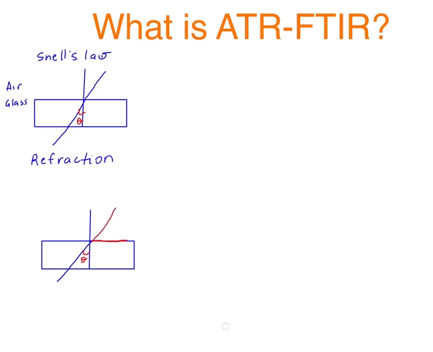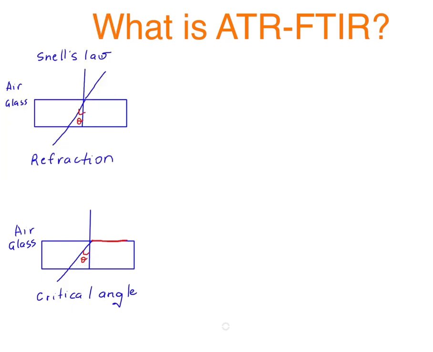So now it doesn't bend like that, it doesn't pass through, but it goes just along the interface between air and glass. This is what we know as the critical angle.